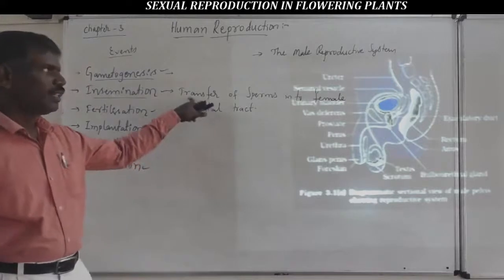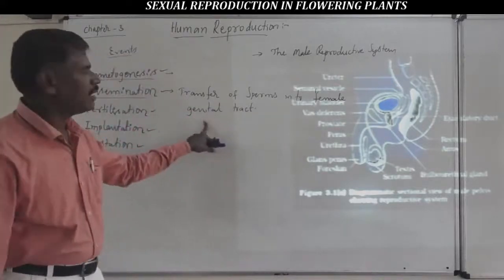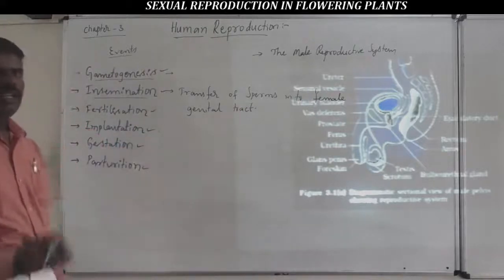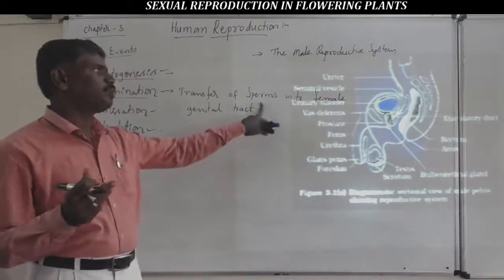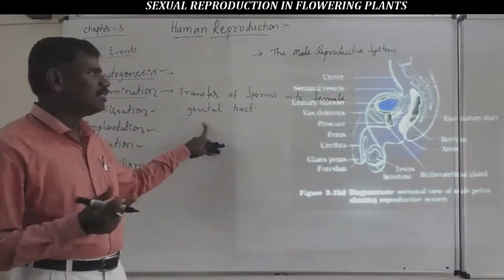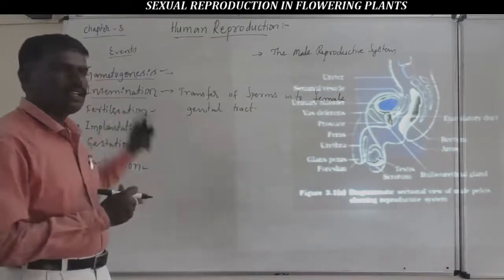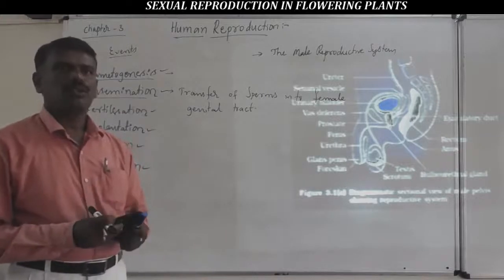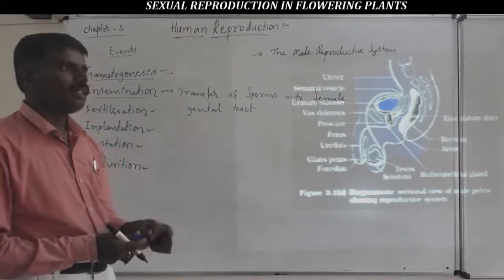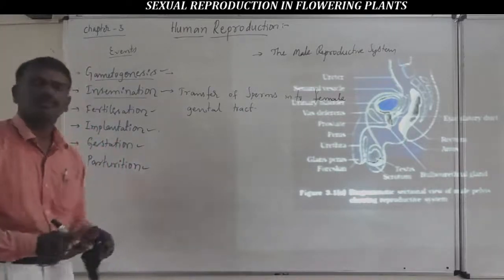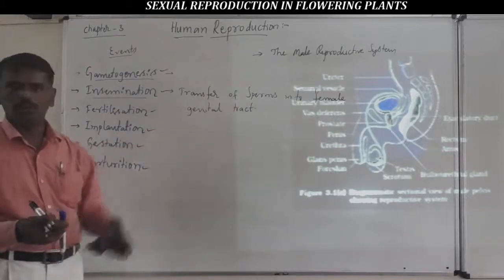This process of transfer of sperms into the female genital tract is called insemination, which occurs at the time of copulation. During copulation by a male and female, the male transfers seminal fluid, which contains the sperms.